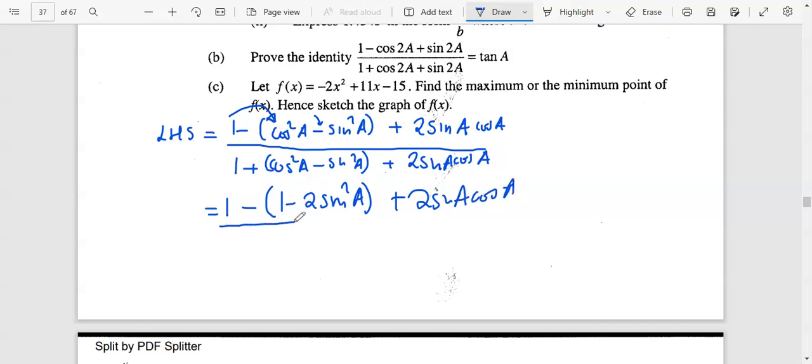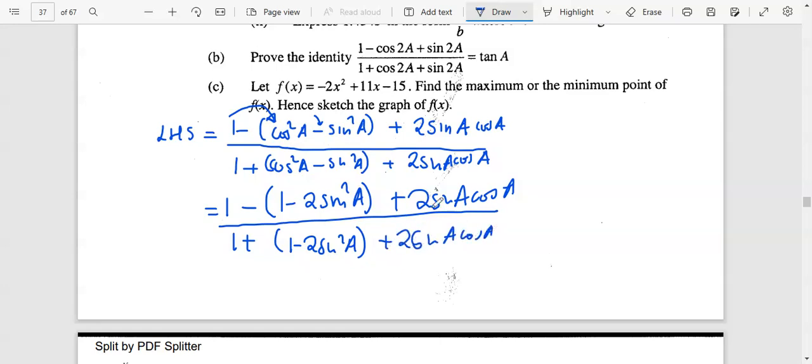Also in the denominator, we have got 1 plus, I also put the same 1 minus 2 sin squared a, then plus 2 sin a cos a. I multiply by the negative, we're able to see. So this 1 and this negative 1, what will happen? They'll cancel out, right? And then if I multiply this negative with the 1, it will be negative 1, which will cancel with the 1 outside here.